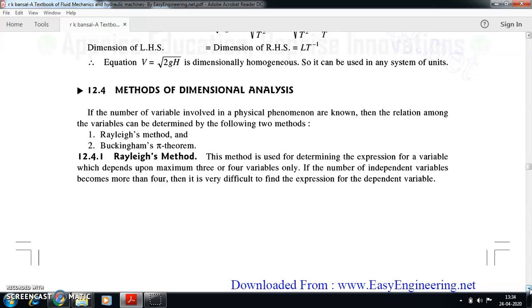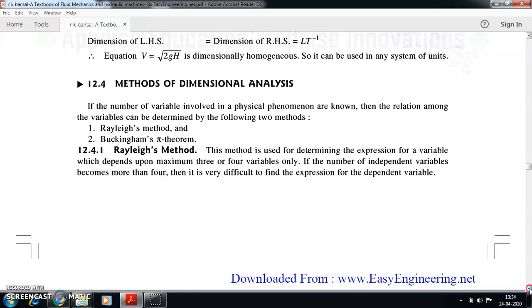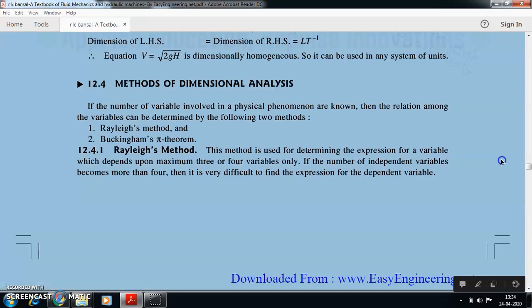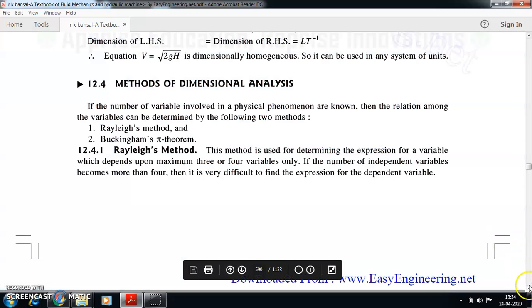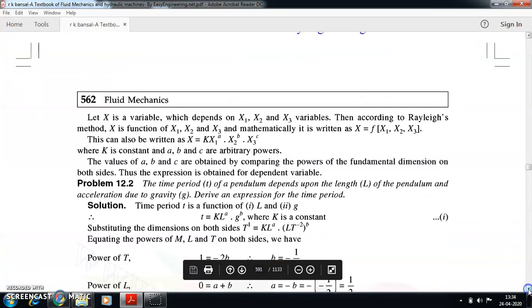Now we come to the Rayleigh method. This method is applicable when a particular variable in a process is not dependent on more than 3 or 4 variables.